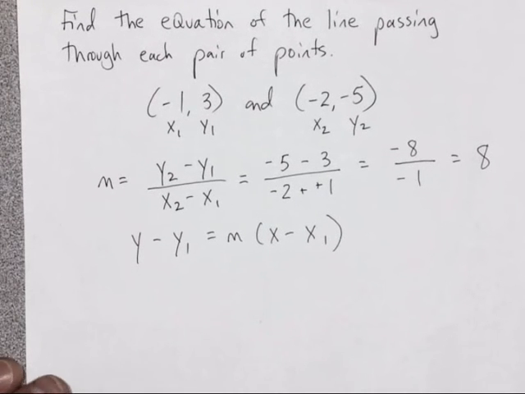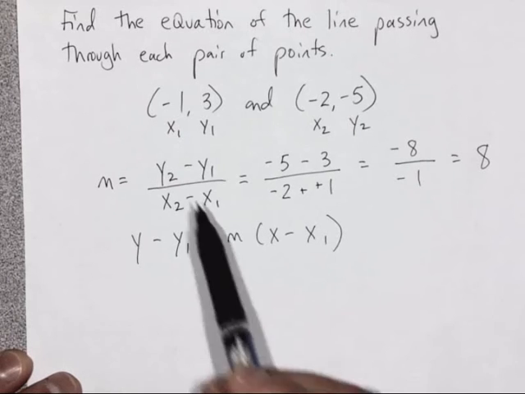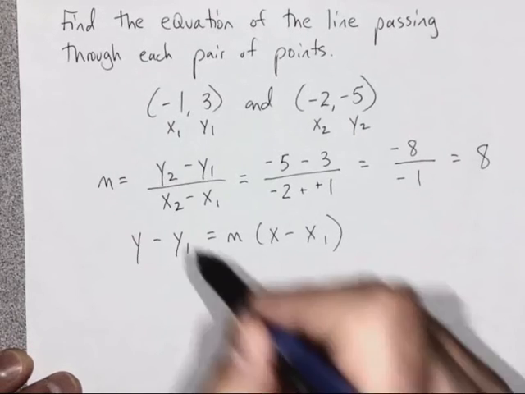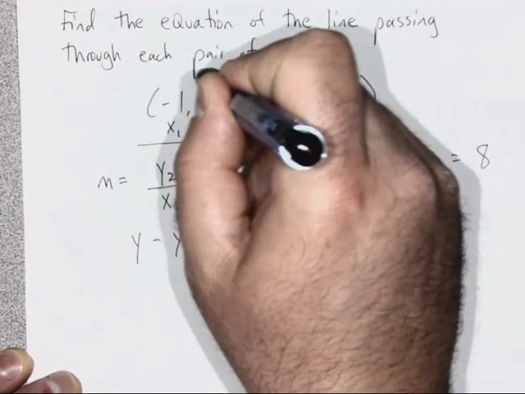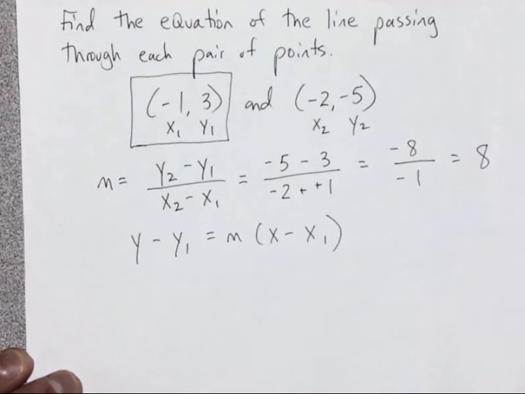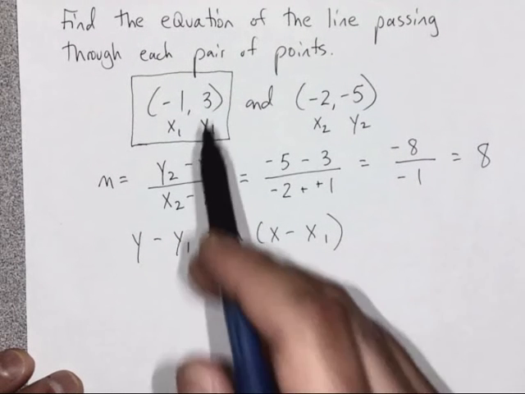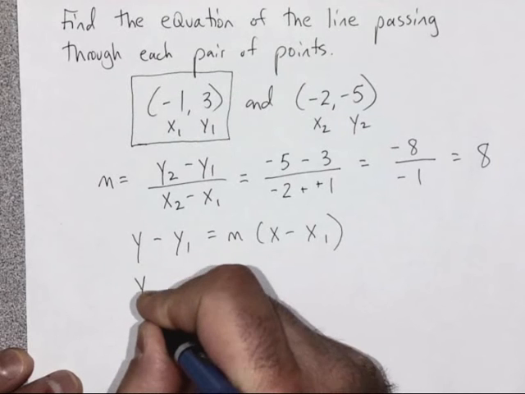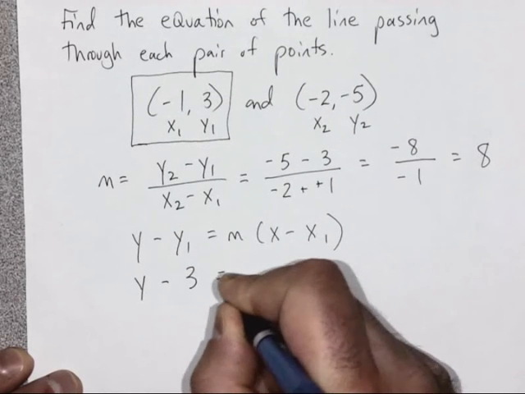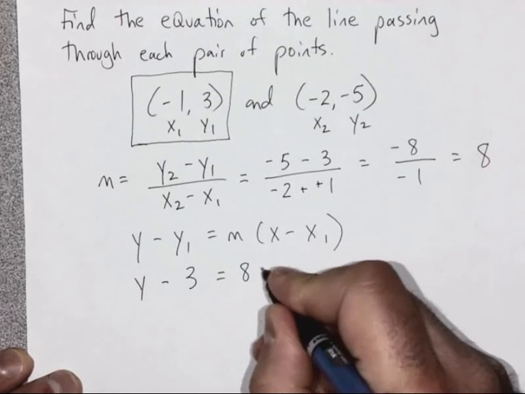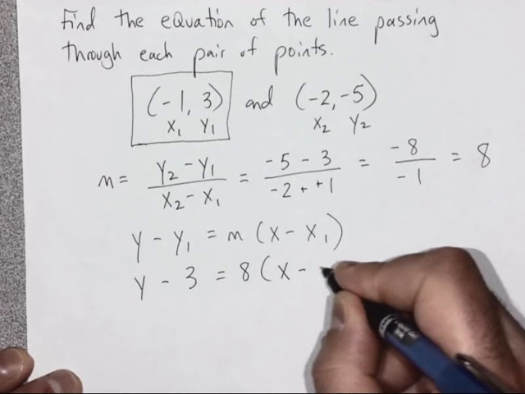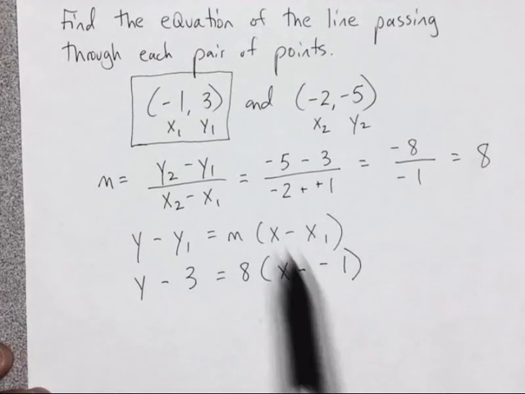So if you want to be consistent, you already have these labeled x1, y1. You could just use that same point. Okay, so y1 is going to be the y coordinate of that ordered pair. M is the slope I just found. x1 is the x coordinate of that point.